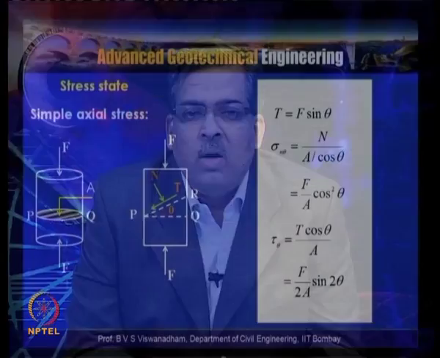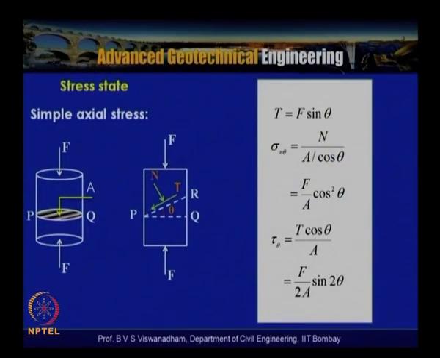Now consider a simple axial stress which has been applied with the compressive force F acting on plane PQ. In another figure on the right-hand side, there is a plane PR which is inclined at an angle theta.